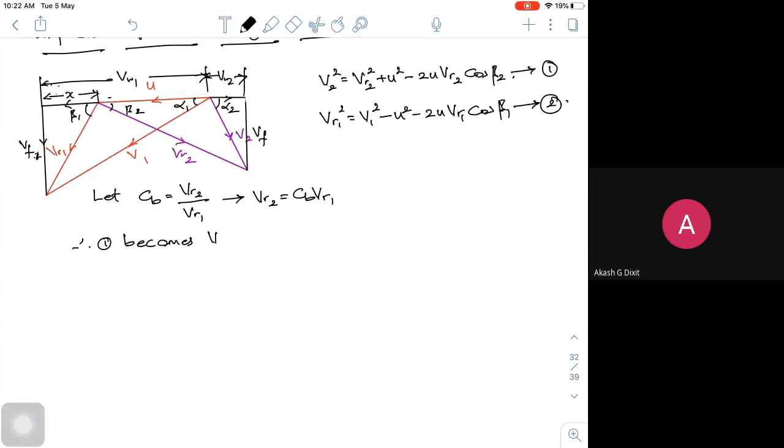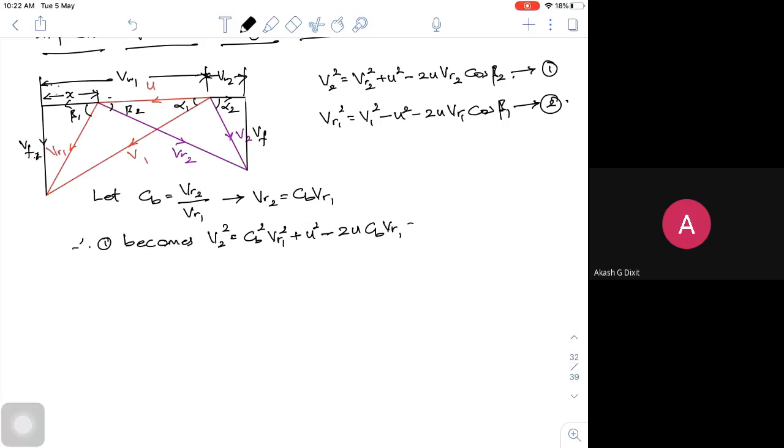V2 square is equal to VR2 square. I can write it as CB into VR1 whole square, so it is CB square into VR1 square plus U square minus 2 into U into CB into VR1 into cos beta 2.